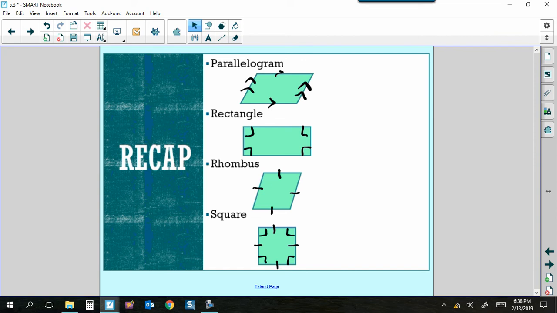Oh, what if I tell you opposite sides are parallel? Again, I wouldn't know what you're thinking because multiple shapes fit under that category, but only telling me that, the only answer I can safely give is parallelogram. Okay, so then what if I say opposite angles are congruent? Same as the previous one. That's going to be a bunch of shapes, but for sure it has to be a parallelogram.